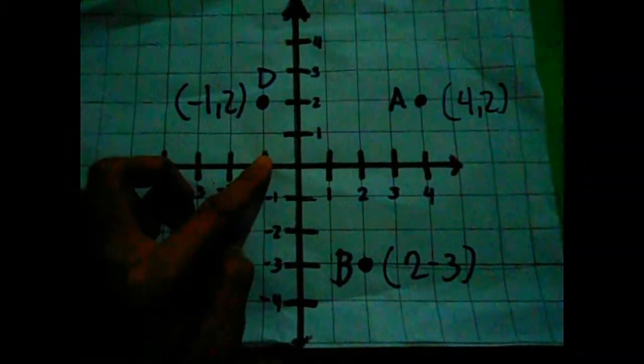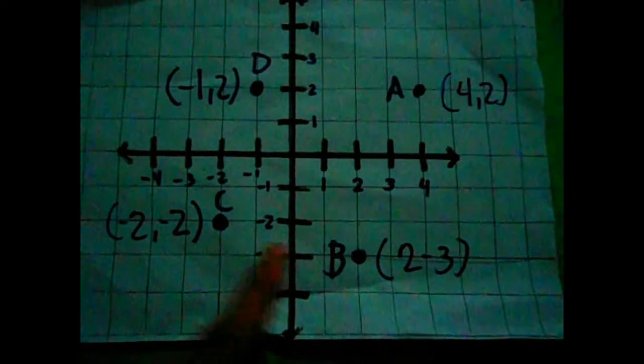I'll start at the origin here, then count backward 2 units along the x-axis: 1, 2, and then count down 2 units parallel to the y-axis: 1, 2, and we'll make a dot, so this will serve as point C. And then next, count again from the origin: count negative 1 on the x-axis, so 1, and count positive 2 on the y-axis: 1 and 2, and you make a dot, so we get point D.